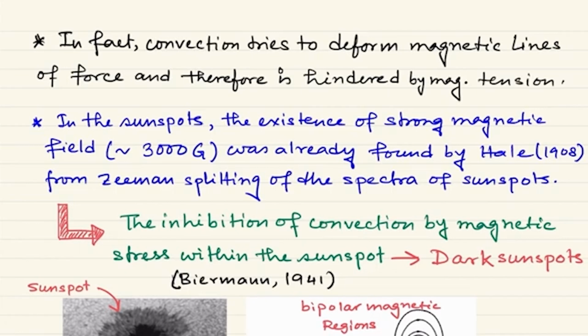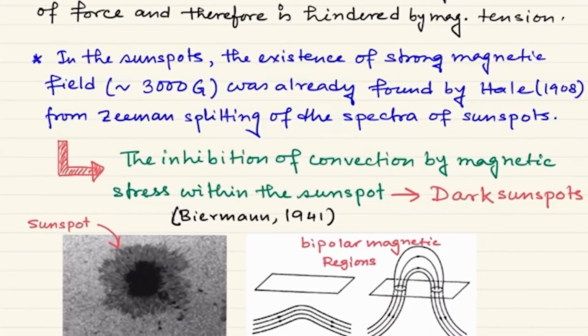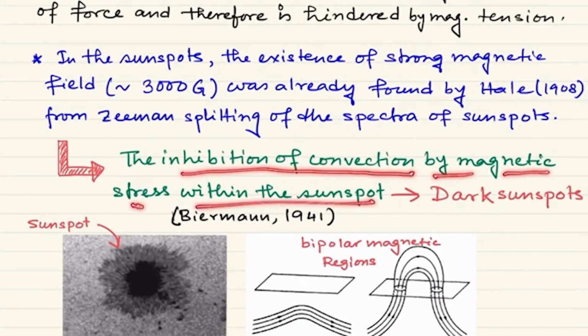So due to this strong magnetic field, what happens? Before that I have to mention one thing. This was for the first time found by Hale in the year 1908, and he found that from Zeeman splitting of the spectra of sunspots. And then he said that the inhibition of the thermal convection by magnetic stress within the sunspot makes this part colder.